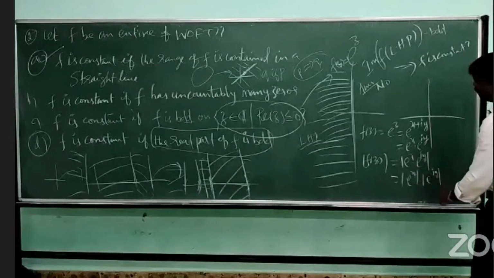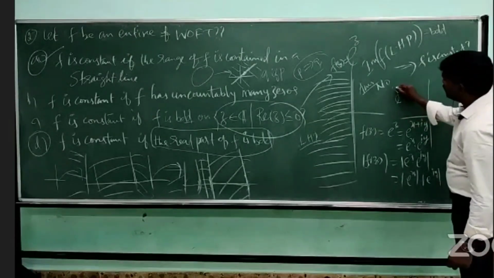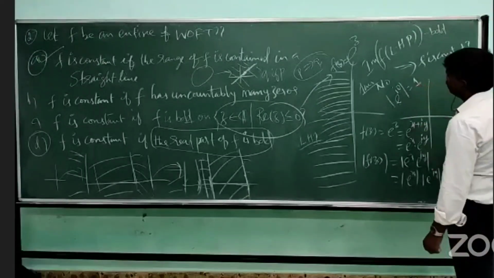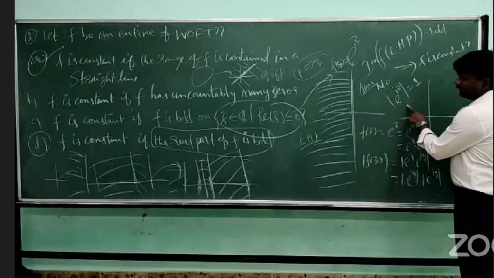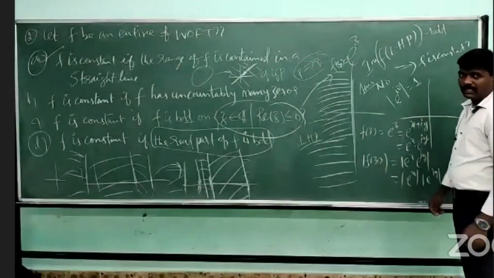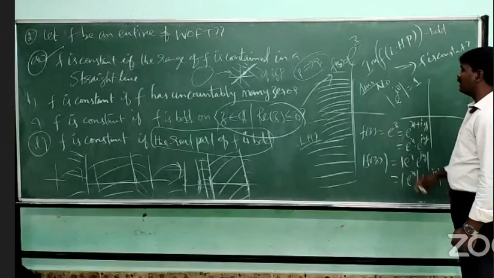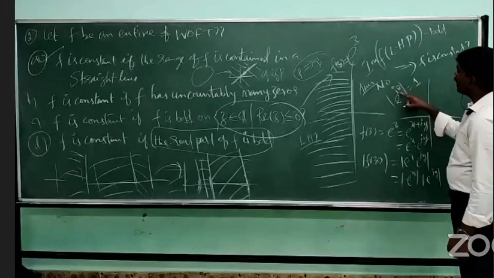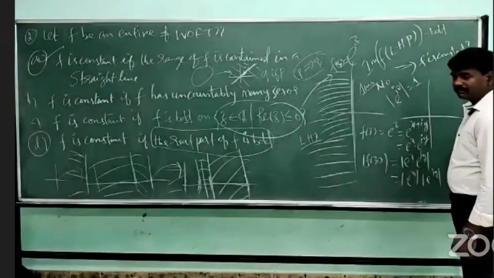So you know e power i theta, whose modulus value is always 1. Why? It is cos theta plus i sin theta. Take the modulus, the square root of cos square theta plus sin square theta, which is always 1. Therefore, e power i theta is always 1 for any theta.